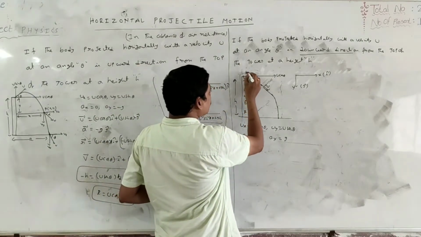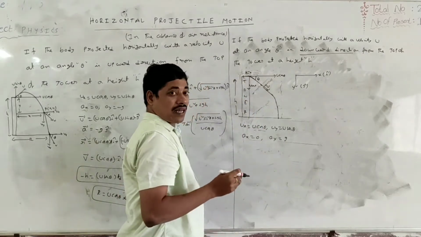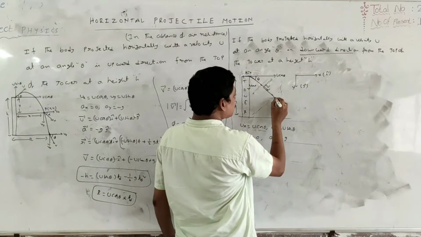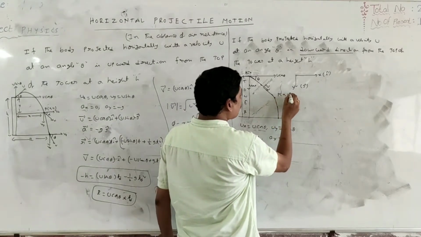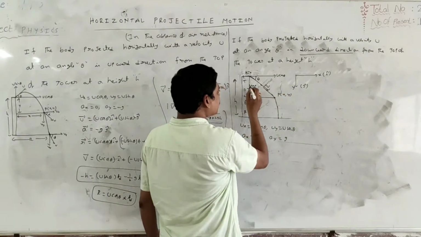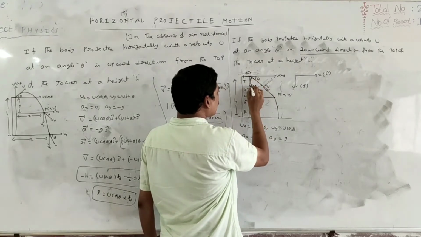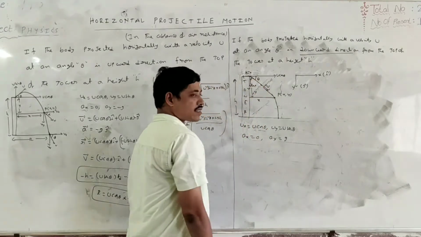This is the point of projection at time t equal to 0, and after an instant of time t, the body reaches the point P(x, y). This is the horizontal distance x and the vertical distance y.